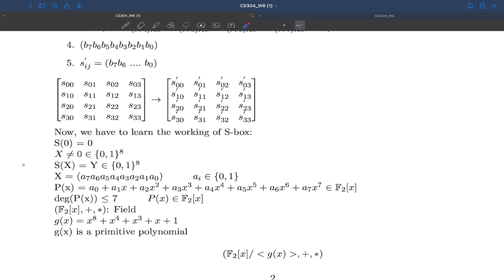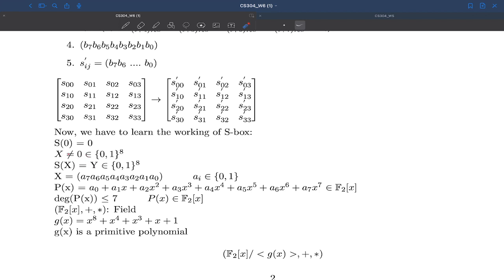So an 8-bit string full of 0 is mapped to an 8-bit string full of 0. But the rest of the 8-bit strings which are not 0 have some other, more complicated operation in order to find the mapping.